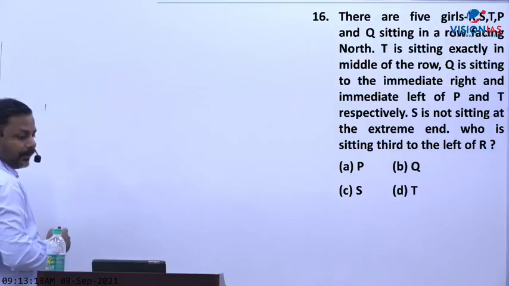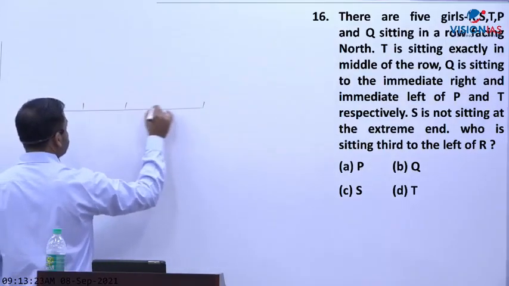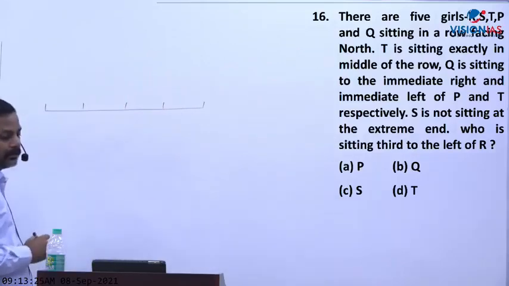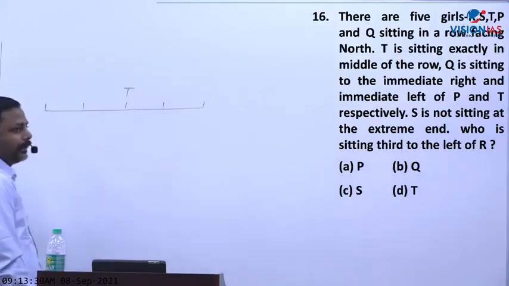So there are 5 girls. And as per the information, first point, T is exactly in the middle of the row. So we will place T over here.